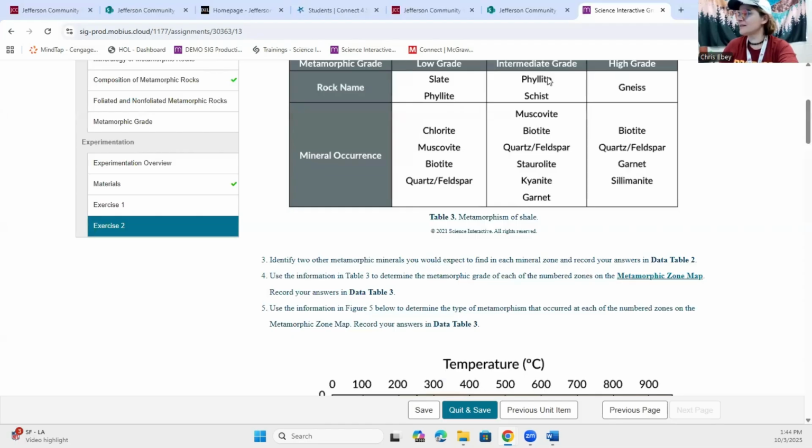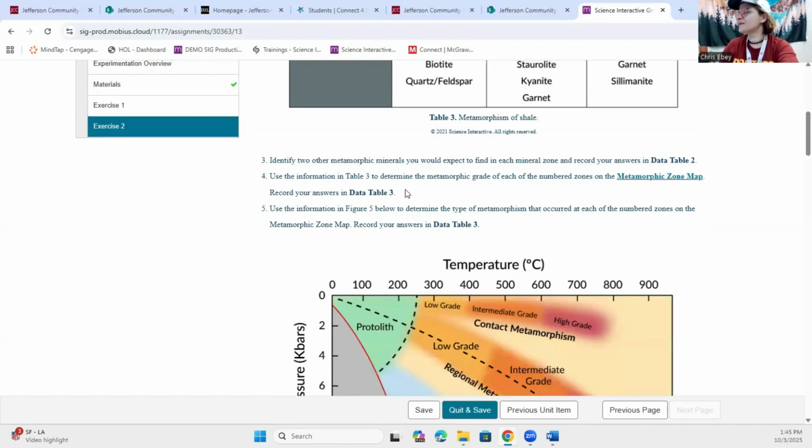If it's intermediate, it's going to be phyllitic or schistose. Or if it's high grade, it's going to be gneissic. So identify 2 metamorphic minerals you find in each mineral zone. Use the information in table 3 to determine the metamorphic grade of each of the numbered zones in the metamorphic zone map.